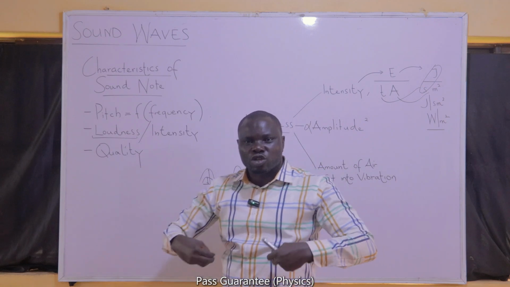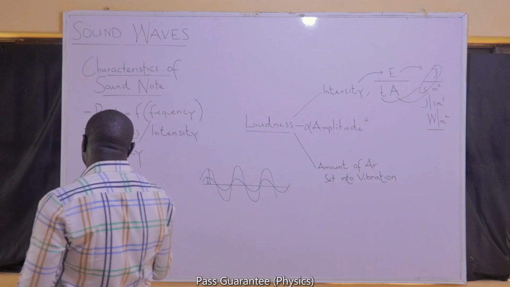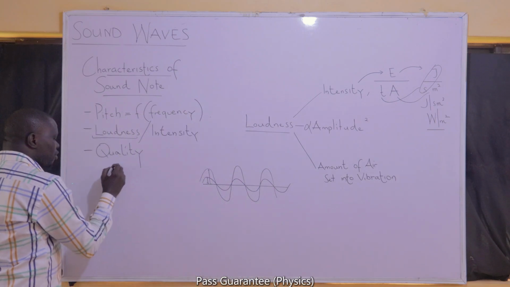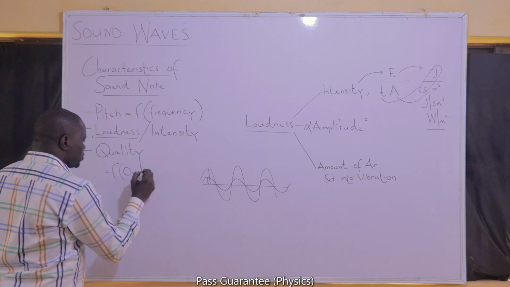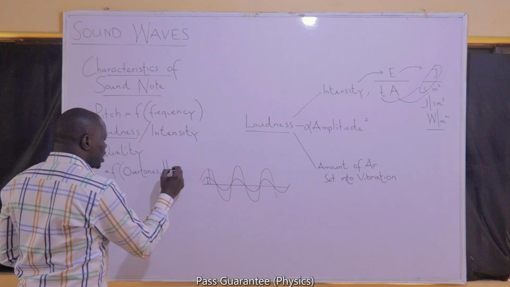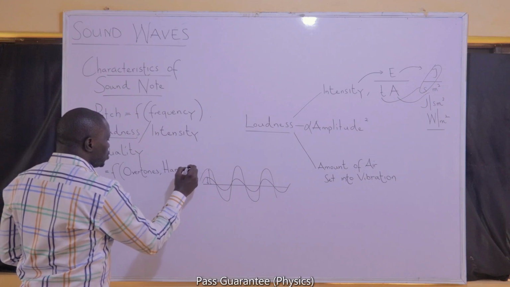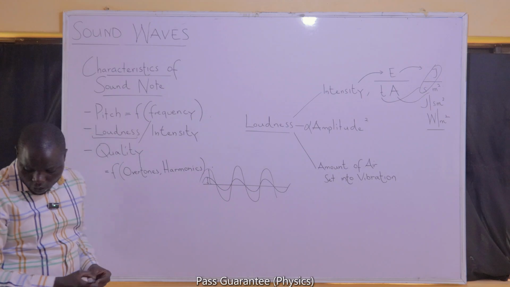Quality is a function of the instruments that you are using to play out the sound. We usually say that the quality of sound is a function of the overtones and harmonics. What are overtones and harmonics? I want us to keep our fingers crossed as we continue to review the gray area under this topic. We move on.